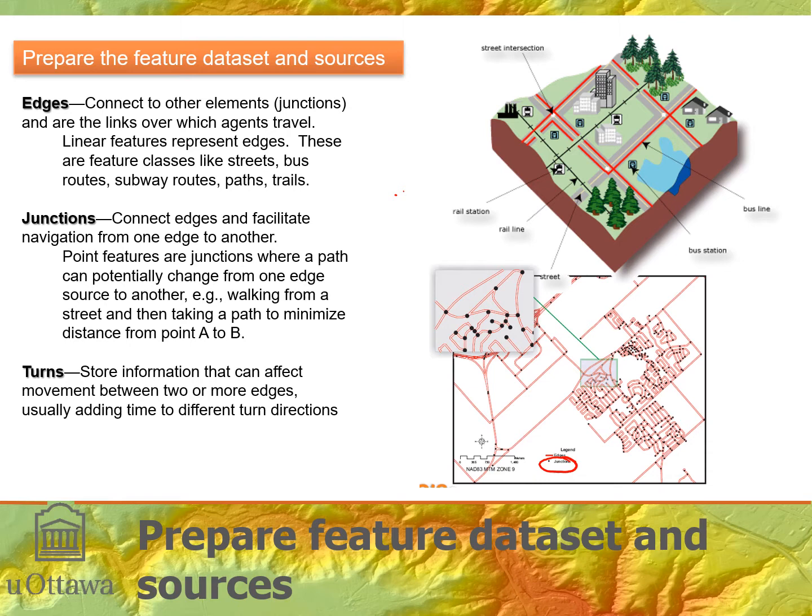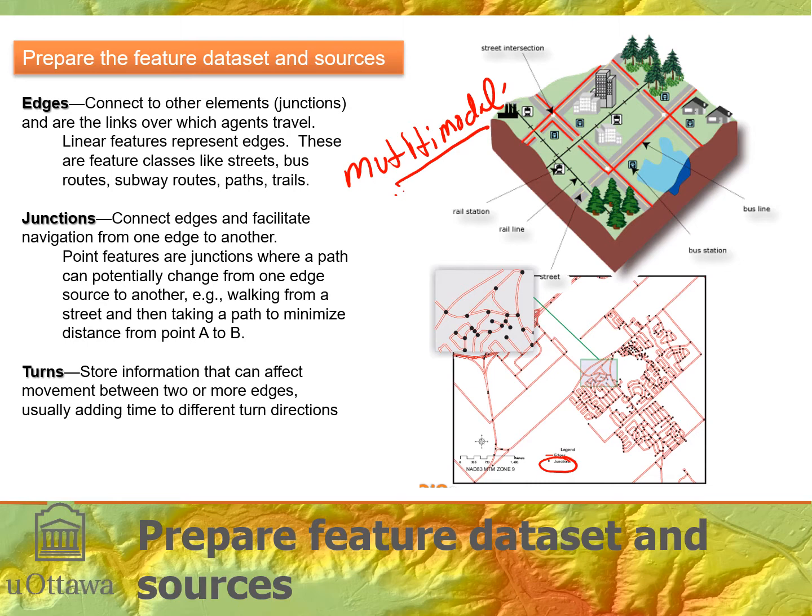Also, if you are creating what's called a multimodal network, that's a network that has a number of edge sources participating within it. For example, you might be considering modeling walkability in a network.